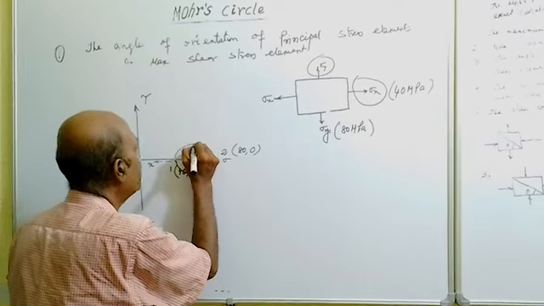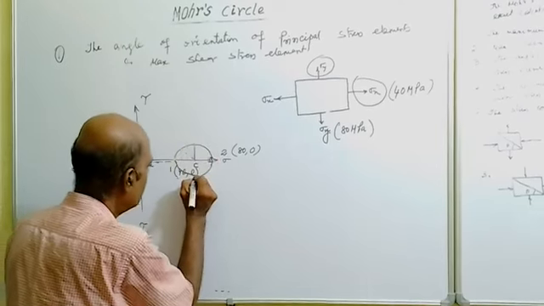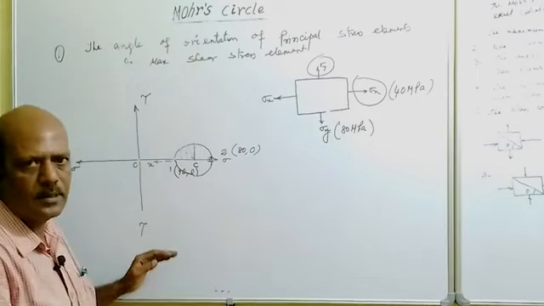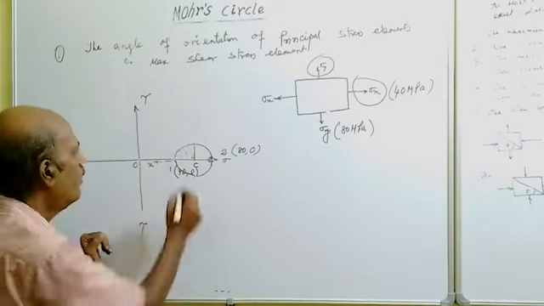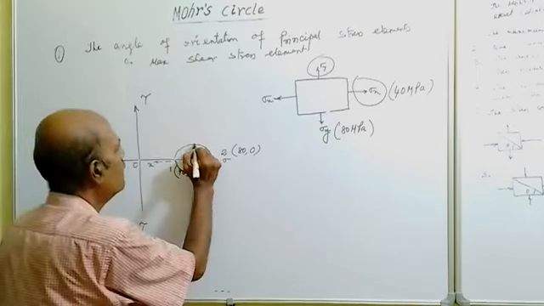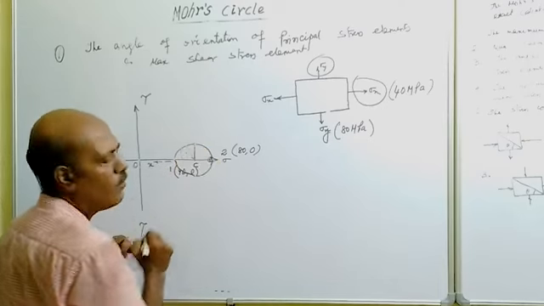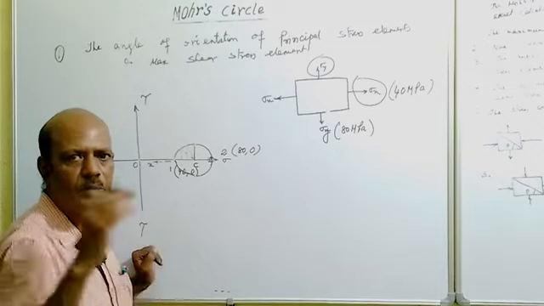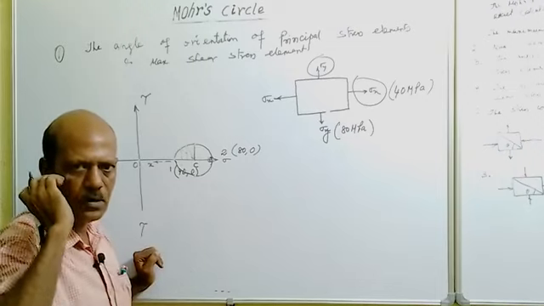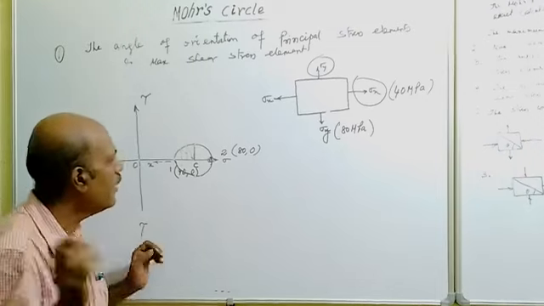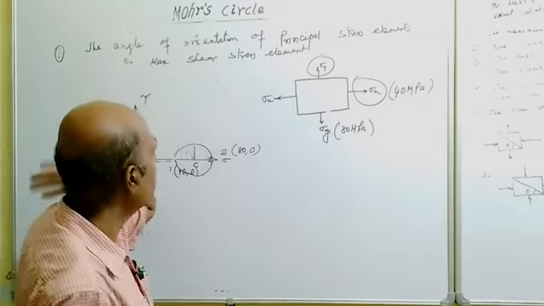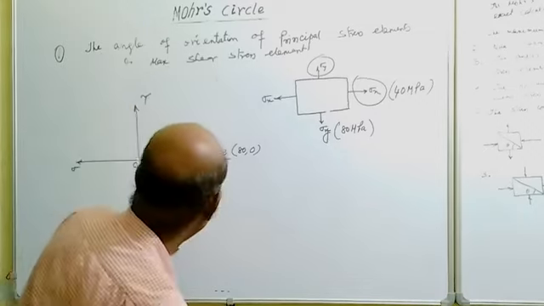So this point indicates tau positive and this point indicates tau negative because it is in the negative direction. Positive means this point indicates anti-clockwise shear stress, and tau negative means it is a clockwise shear stress.